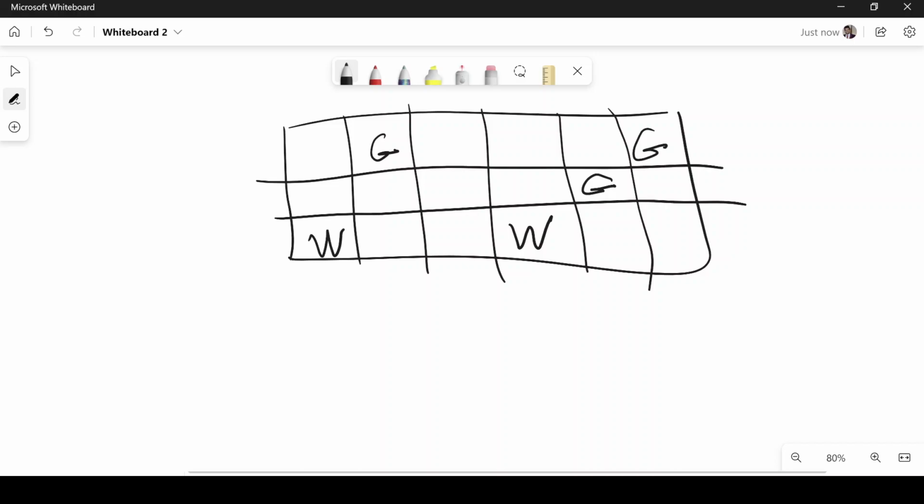Now, if we consider this guard, then this guard can see into these cells. Any guard can see in four directions: up, left, down, and right. A guard can see all the cells present in either of the directions until that guard sees an obstruction. Now, what do we mean by that? If this guard sees in the right direction, then this cell is unoccupied, so he can see this cell.